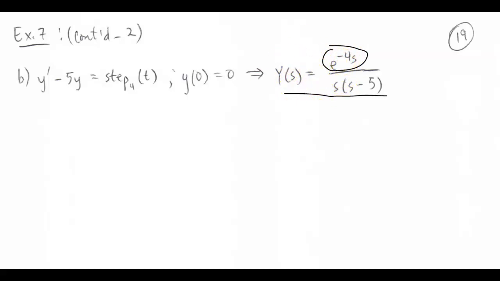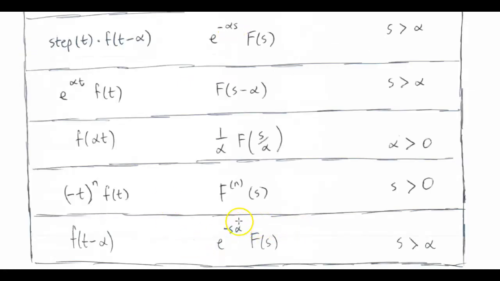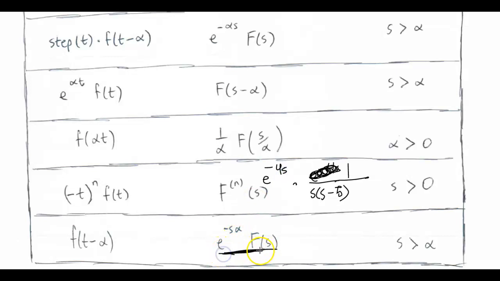So if we take a look at what this looks like, here we have e raised to the -4s divided by this. And of course, we could think of this as just 1 over here times that. And notice that this is matching what we see here.